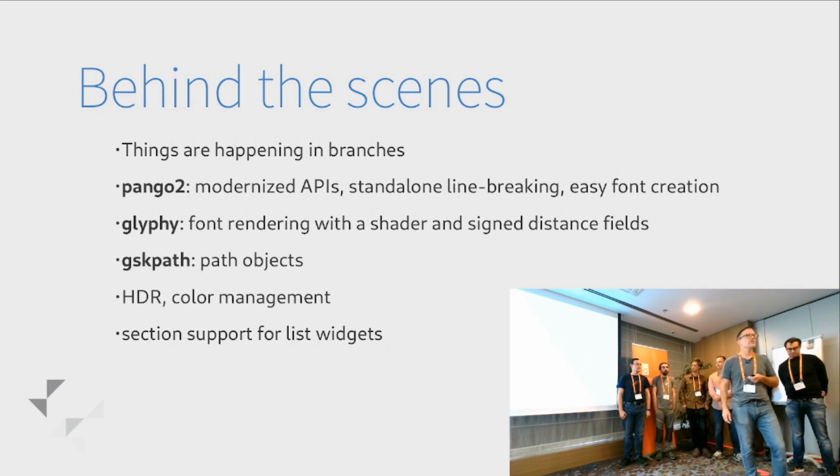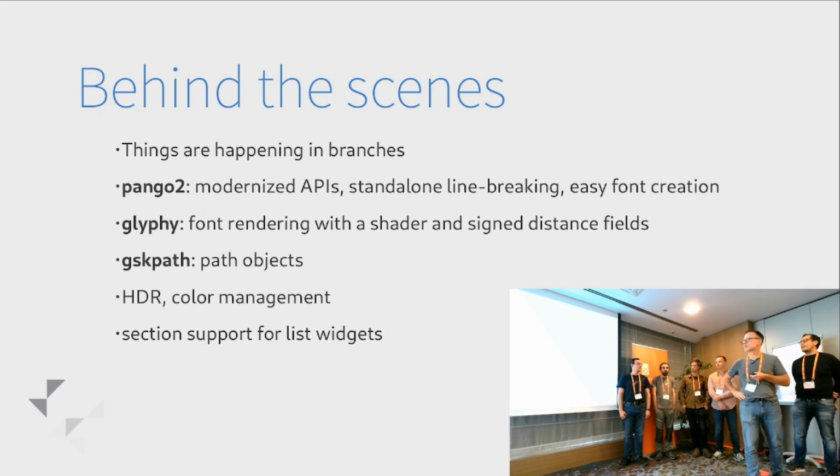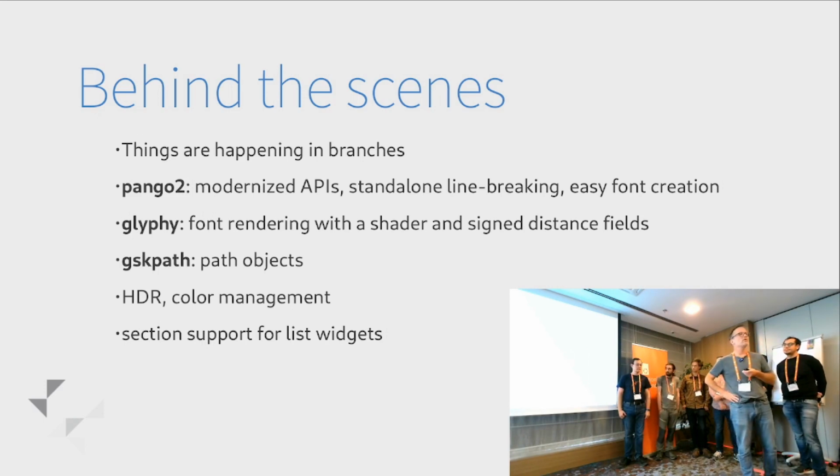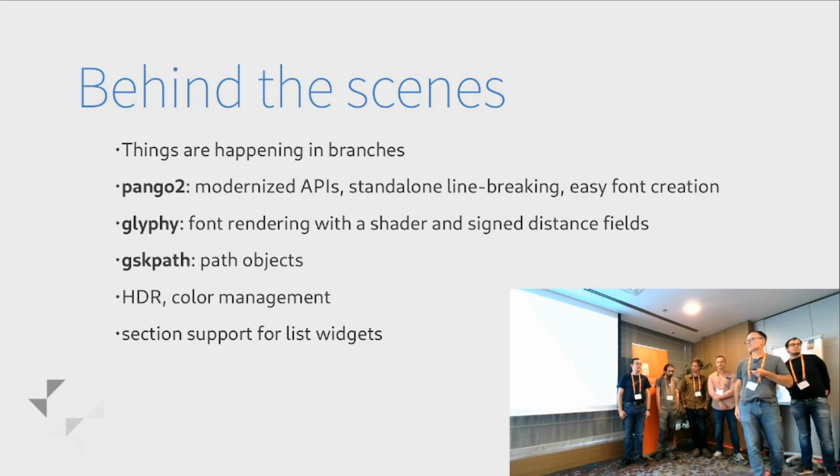Also very experimental still. We haven't worked out how to do that nicely. If you know Skia, that's the kind of API that we would hope to have there. And then there's people working on better color management support and HDR. That will hopefully land a lot sooner than some of the other things. I think we're hoping to introduce some of that work in the next cycle or two.